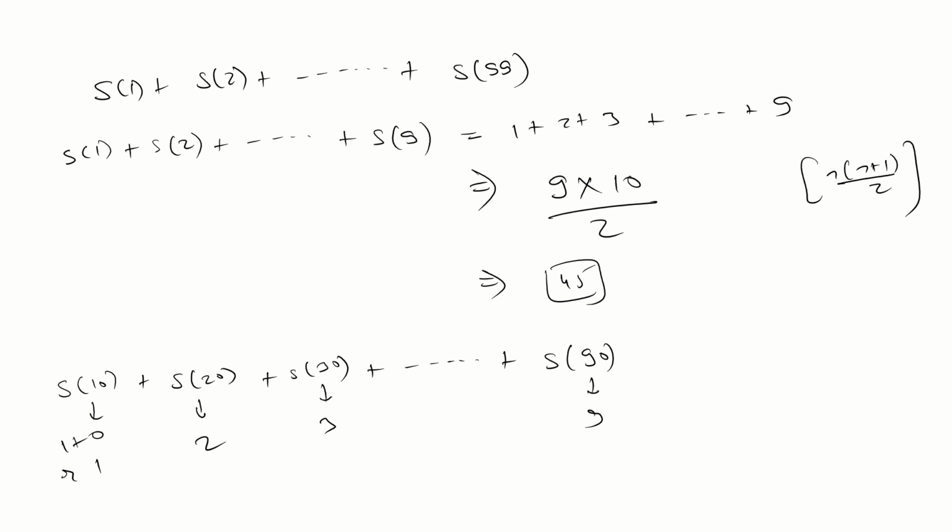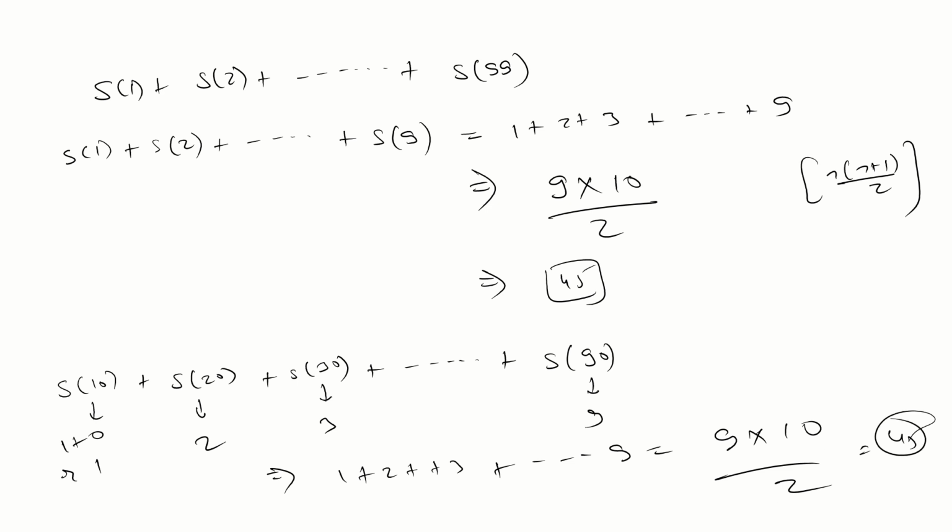Again this is the format of 1 plus 2 plus 3 plus dot dot up till 9. We know this is the sum of n consecutive natural numbers, and we know the formula n into n plus 1 by 2. So just put it in and you will get 9 into 10 by 2, that is 45.